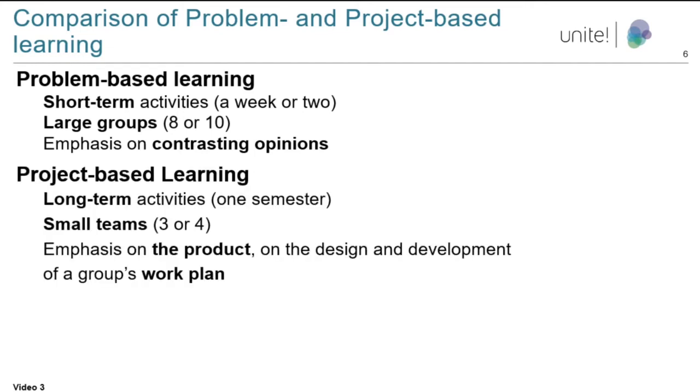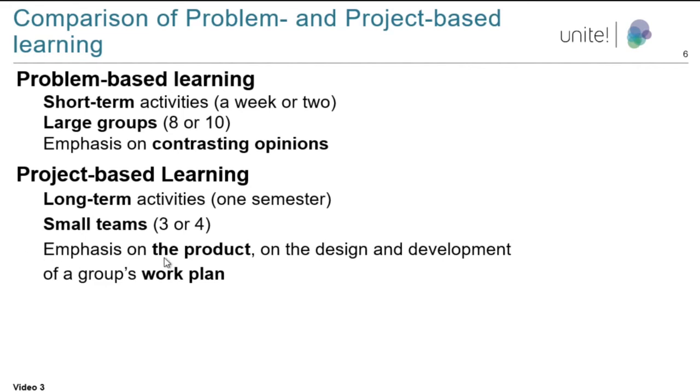We have already seen that in project-based learning, the activity is much longer. It can take a full semester. Students work in small teams. There are 3 or 4 in each group. The small size of the team produces positive interdependence, since all members are necessary for the task to move forward.